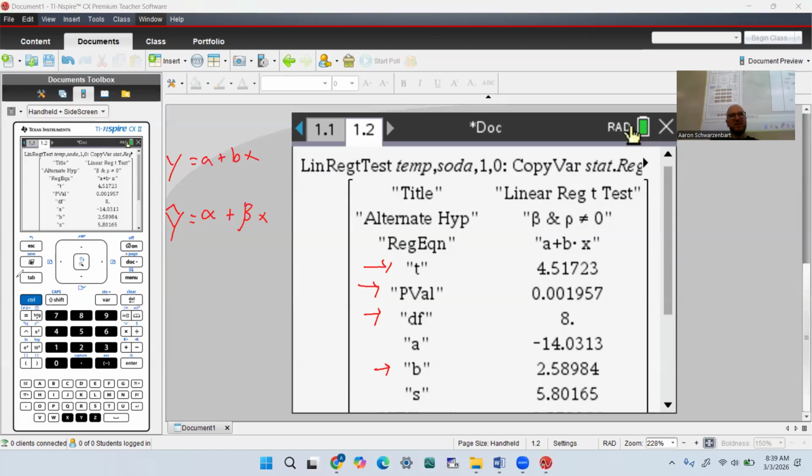That is the true regression line for the whole population. Do you ever know things for the whole population? No, we estimate them with samples. That makes sense? So we're estimating alpha plus beta x with a plus bx.